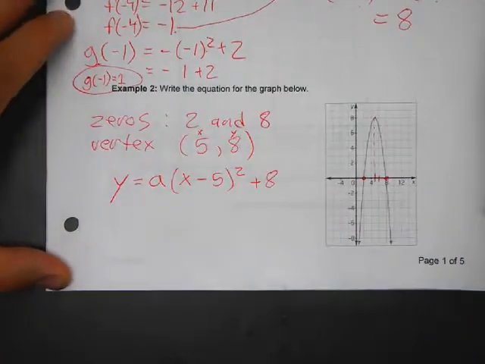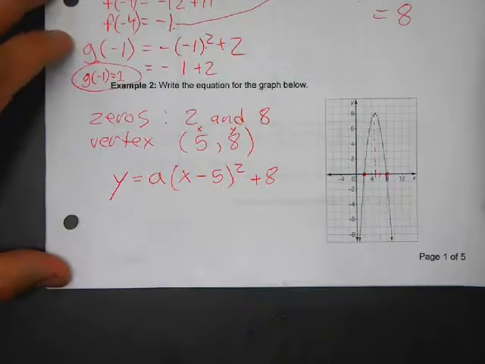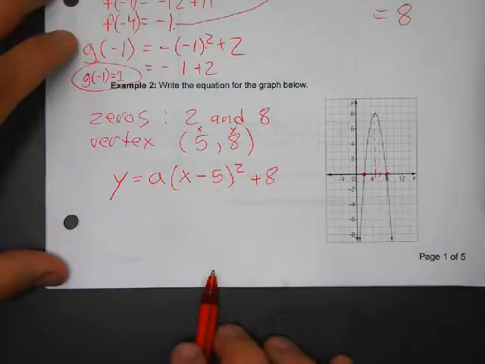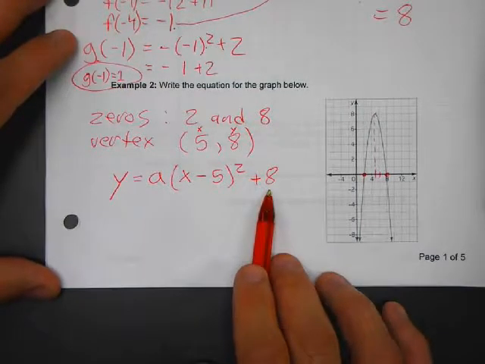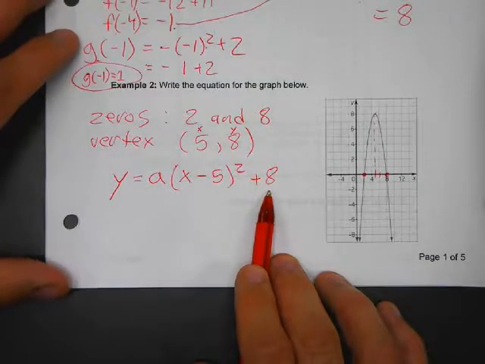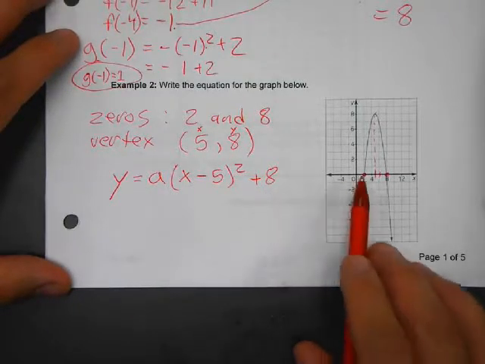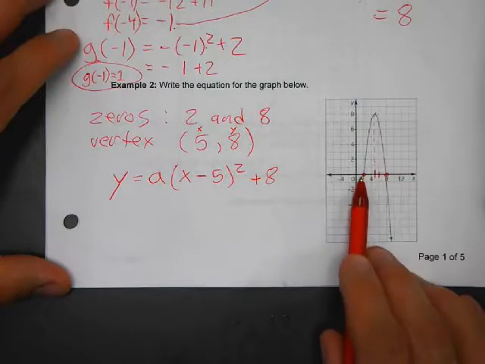Okay? So there's more than one way to do this problem. We could have started in zeros form and put the vertex in. I'm just showing you guys that we can take vertex form, because I think that's what we're most comfortable with, and then take one of these nice points.